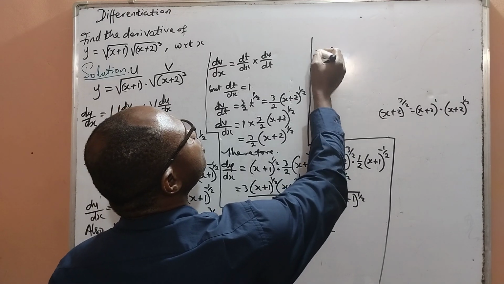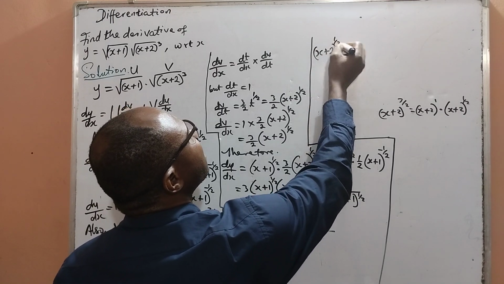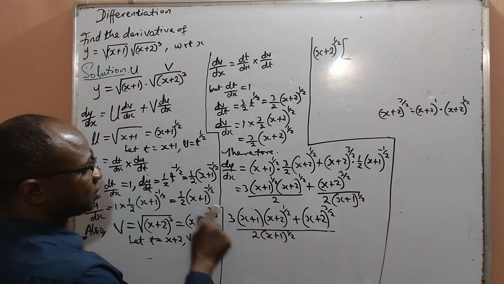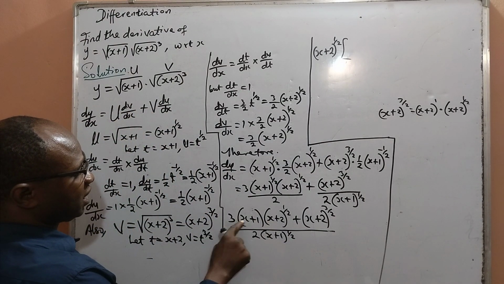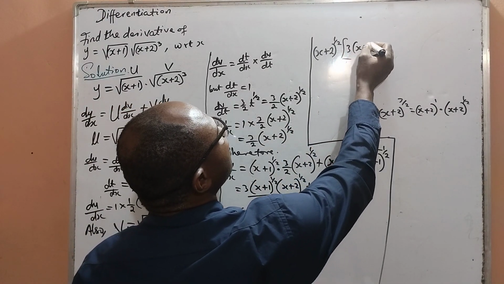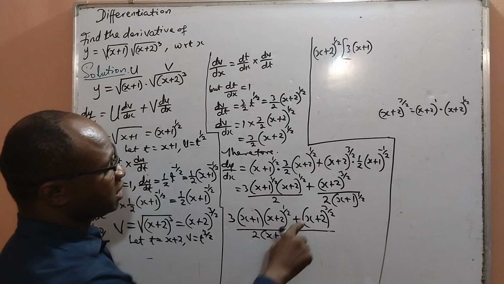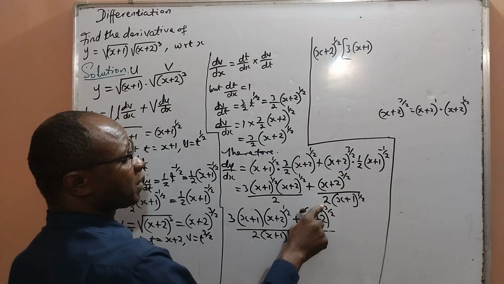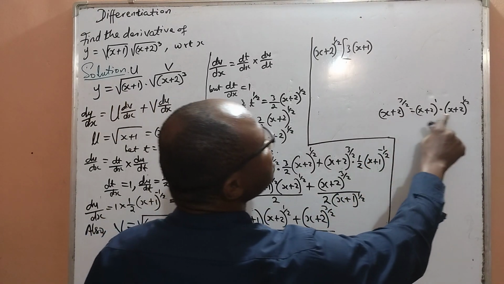(x+2)^(1/2) into, then if I factor this out, I will have left 3 into (x+1). Then this side, remember that this particular (x+2)^(3/2) is now written in this form.